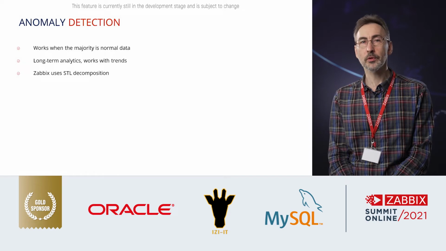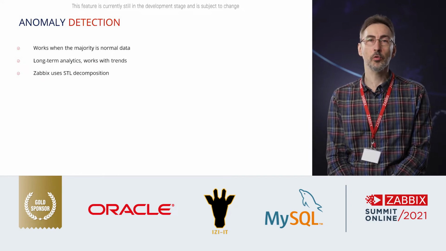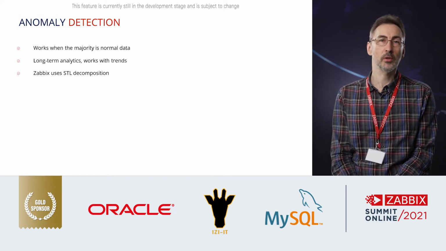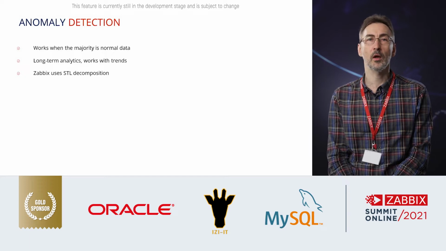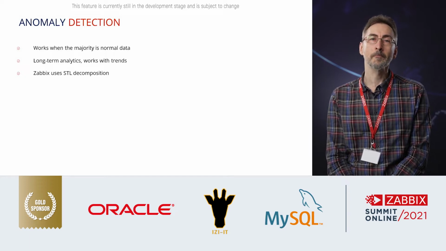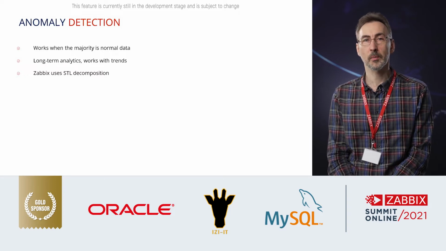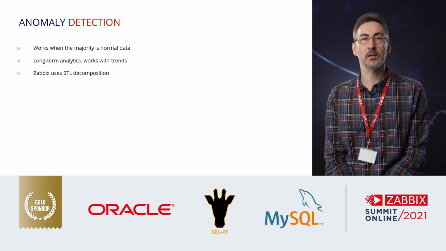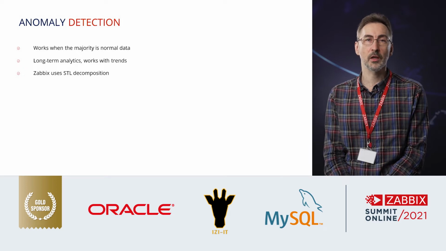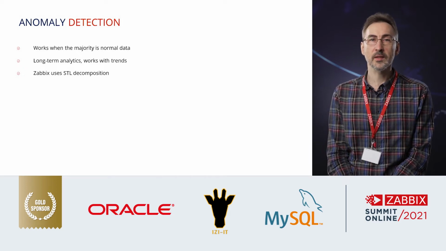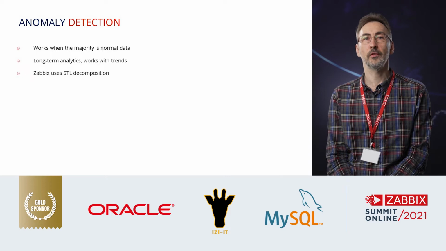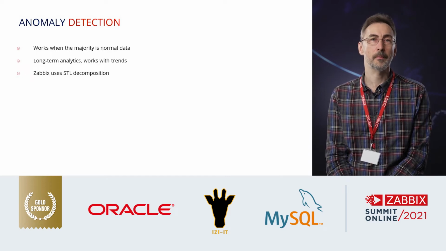This is a pretty important point to keep in mind. If the majority of your data is anomalous, the algorithm has no way of finding this. It's also worth mentioning that anomaly detection, being a long-term analysis tool, works best on long-term segments of data. So in Zabbix, anomalous functions work with trends.